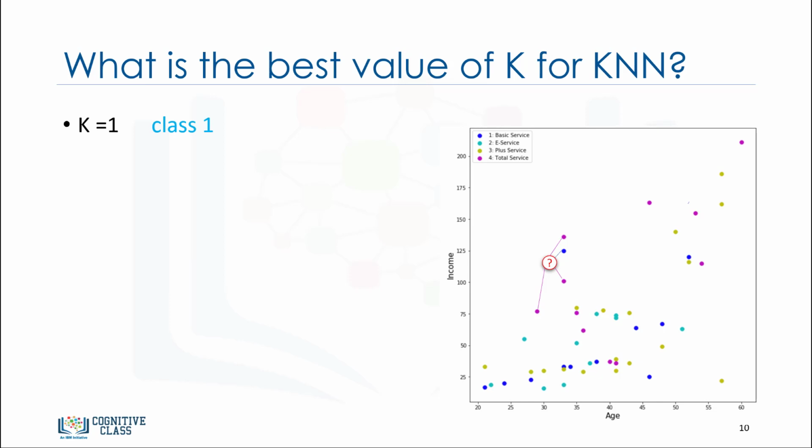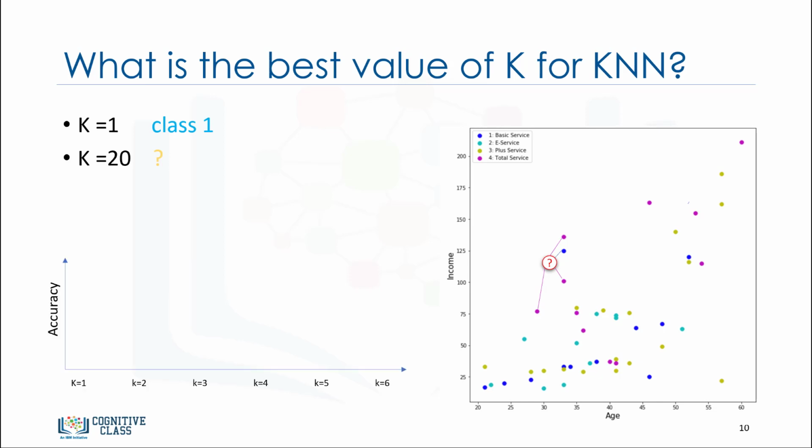It's important to remember that overfitting is bad, as we want a general model that works for any data, not just the data used for training. Now, on the opposite side of the spectrum, if we choose a very high value of K, such as K equals 20, then the model becomes overly generalized.